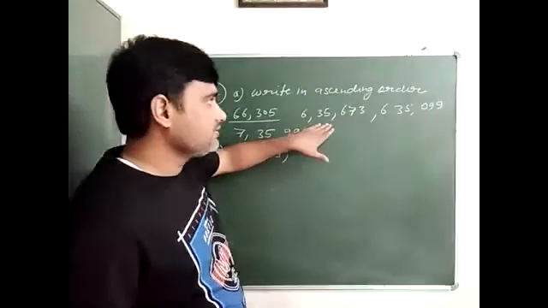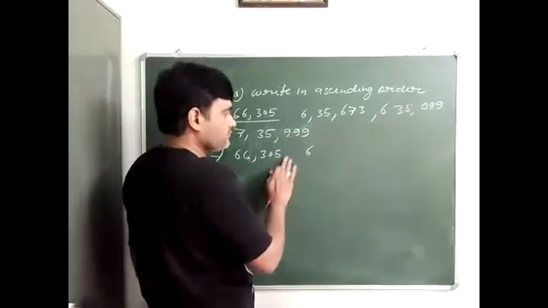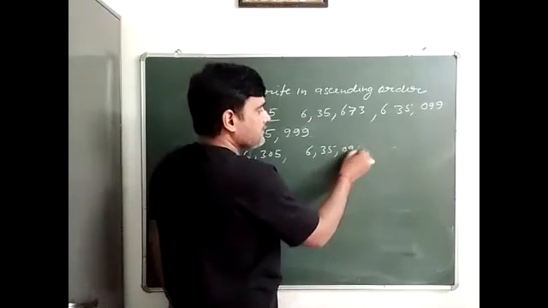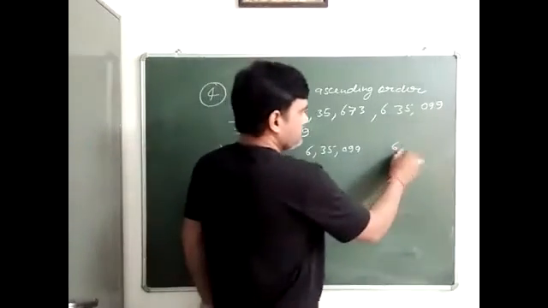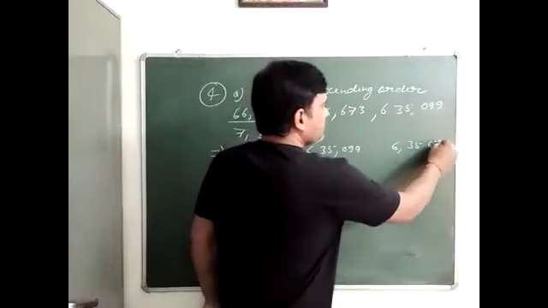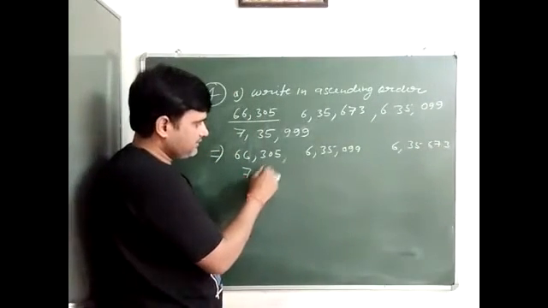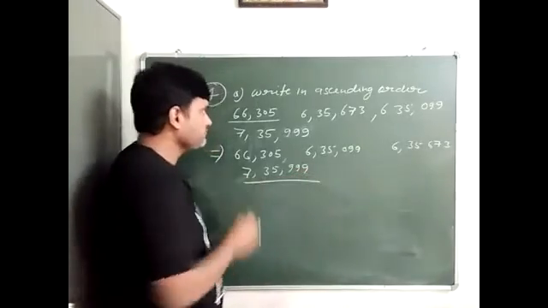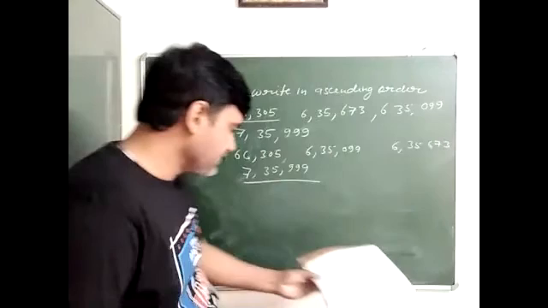Then greater number here 6,35,099. Then 6,35,673 and last 7,35,999. Okay.